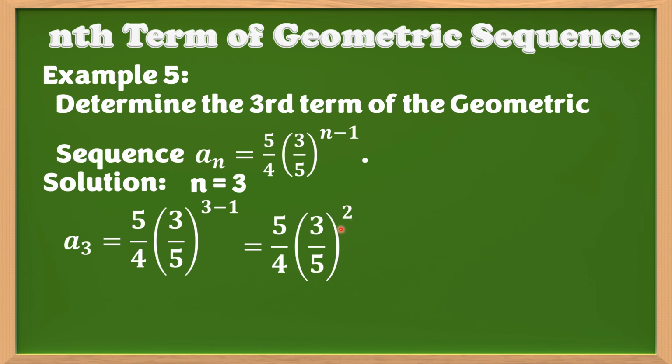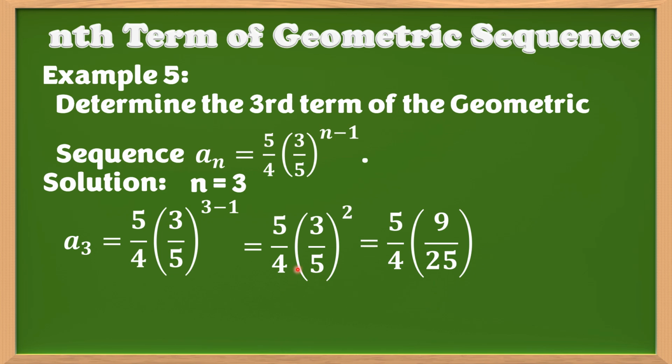And then we're going to get the square of 3 over 5. So that is 3 times 3 and over 5 times 5. And that is equal to 9 over 25. So again, 3 squared is 3 times 3 and that is equal to 9. And then 5 squared is 5 times 5 and that is equal to 25.